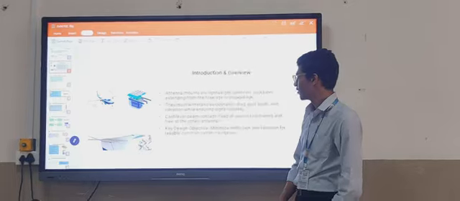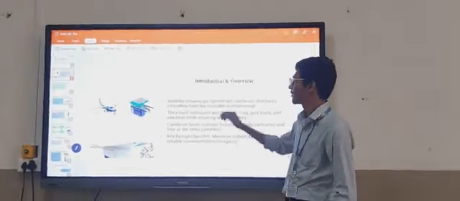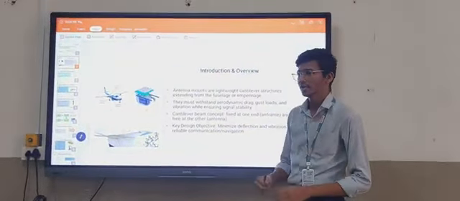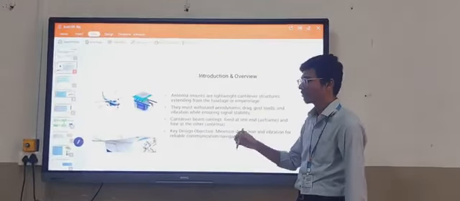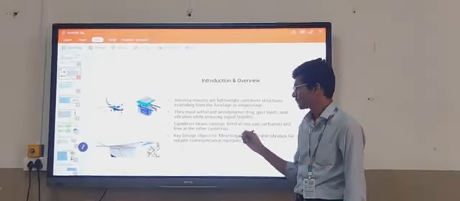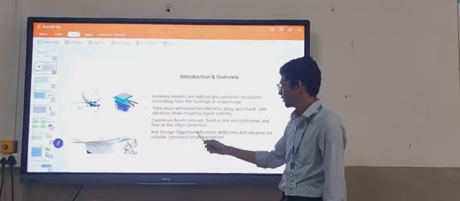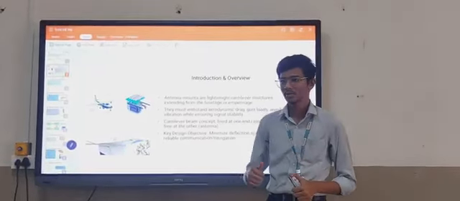A cantilever beam is fixed at one end, and the load is applied on the other side. Hence the antenna must be sustainable. So this is our introduction to this topic, and the key design goal is minimum deflection and vibration of the antenna.